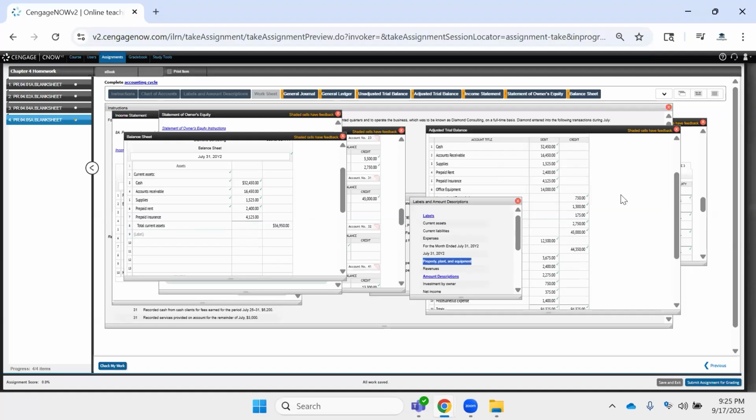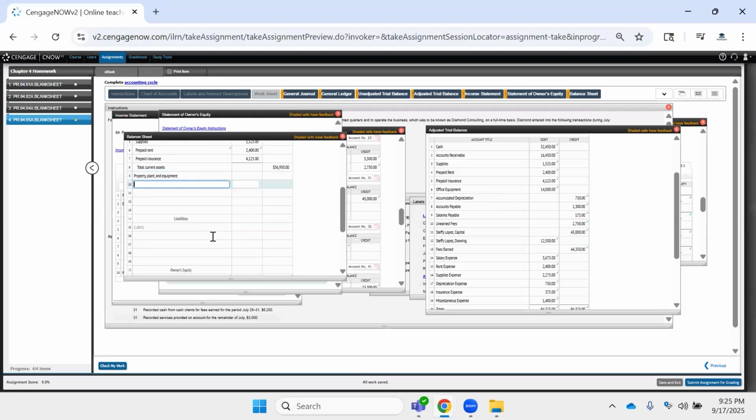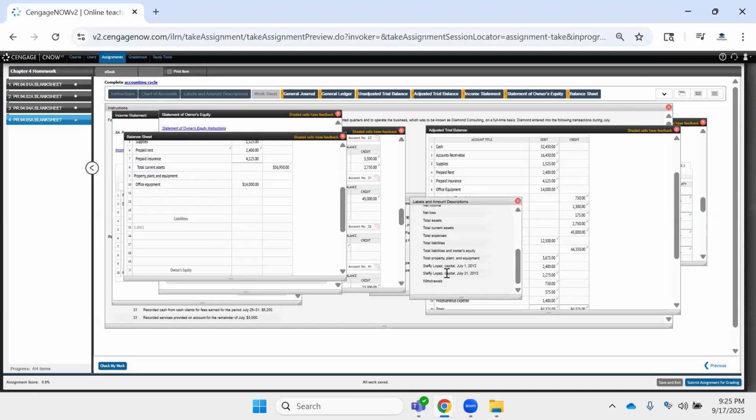And that's because if you look at our adjusted trial balance, that's our long-term asset that we have. That's the office equipment right here. And then, right, our accumulated depreciation is our amount here, and it displays it as less accumulated depreciation.